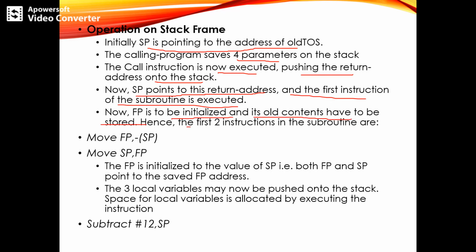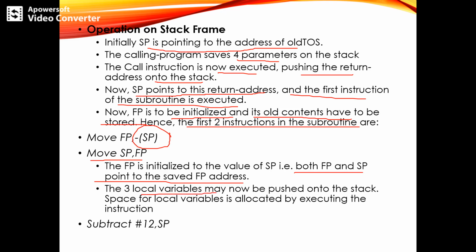Hence, the first two instructions in the subroutine are: move content of FP, comma, minus SP, that means decrement the content of SP, then move content of SP, comma, FP. The FP is initialized to the value of SP, that is, both FP and SP point to the saved location of the FP address. After that, three local variables are pushed into the stack.